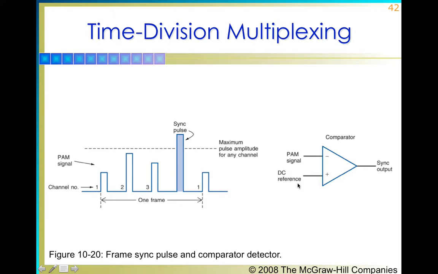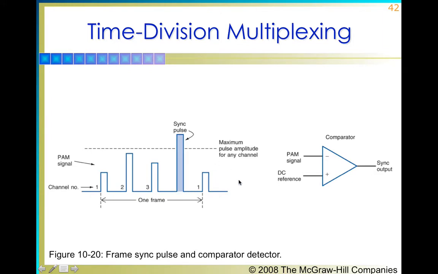We have this reference voltage because we have embedded the synchronization pulse at a very maximum level in order to distinguish it from the other pulses already present in the particular frame. So every frame contains input from each transmitter and a high amplitude synchronization pulse.